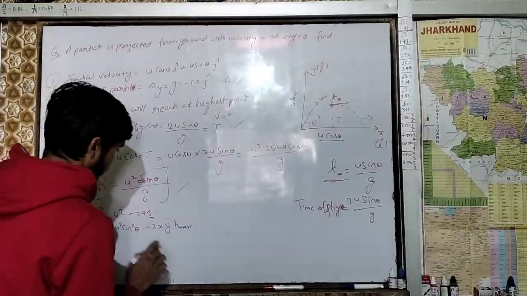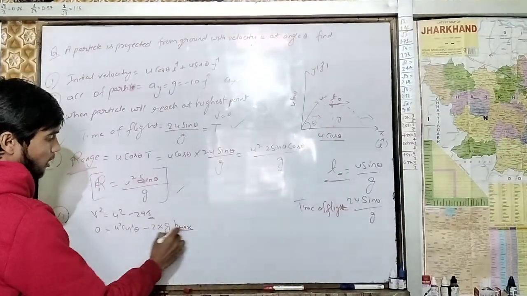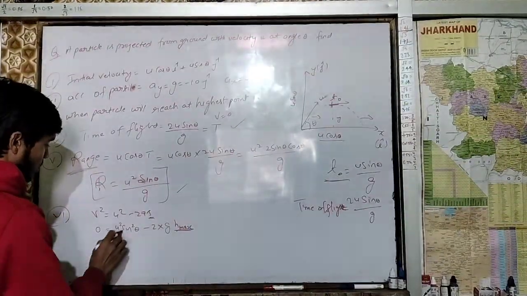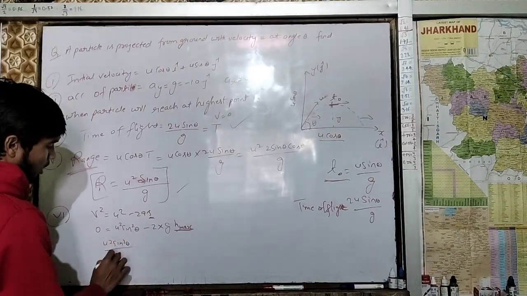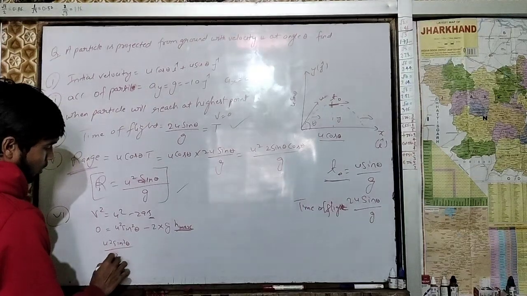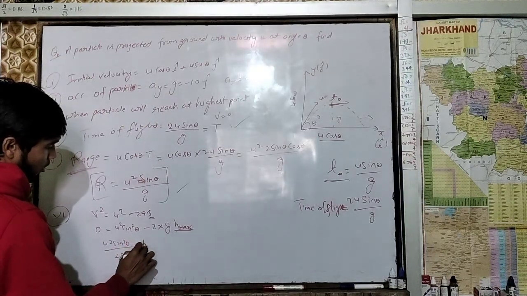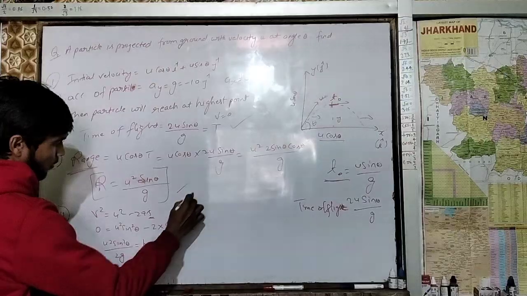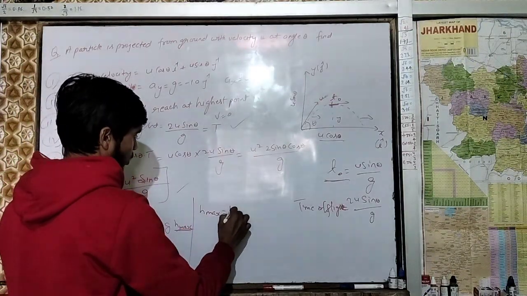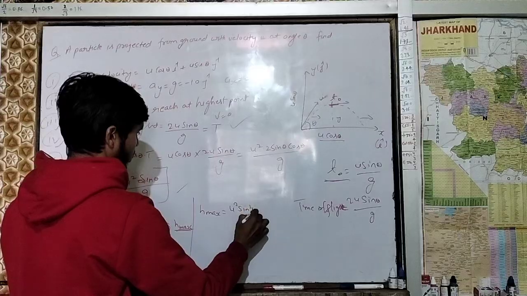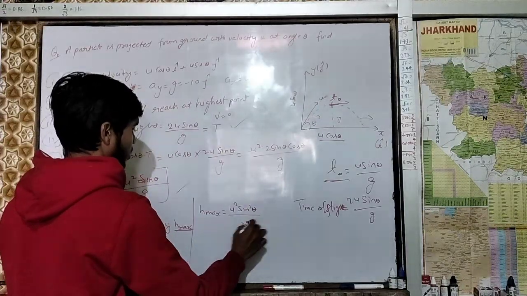So finally, one equation you will get to calculate the maximum height: u square sin square theta upon 2z is equal to the maximum height.